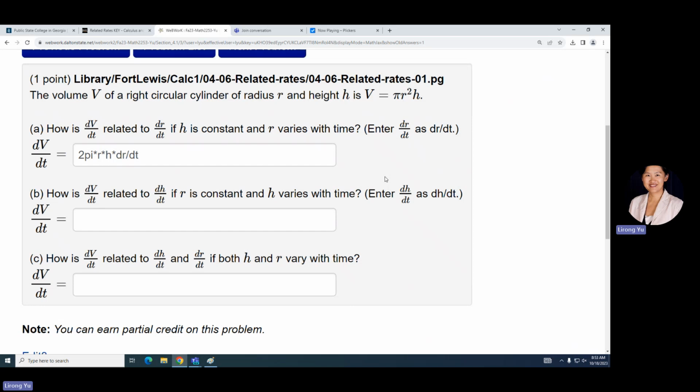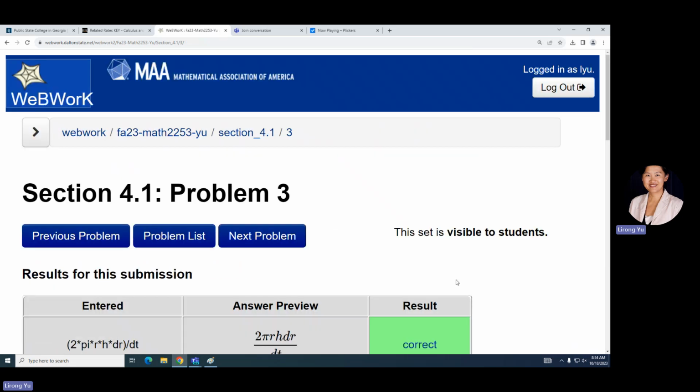The circumference, which was in the PowerPoint example, with radius r is 2 pi r. So you see, the derivative of this equals this. The area is 2 dimensional and the circumference is 1 dimensional. This is the distance around the circle. So there's some interesting fact as we try to understand the geometry of the circle. So I have 2 pi r times h. That's the answer to the first part.